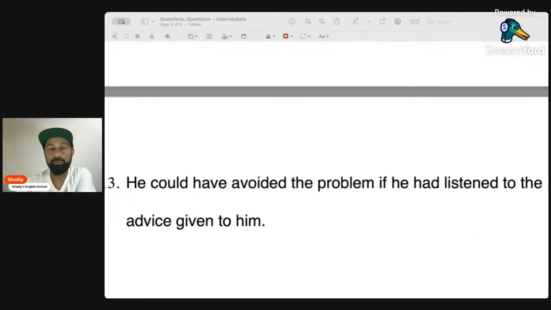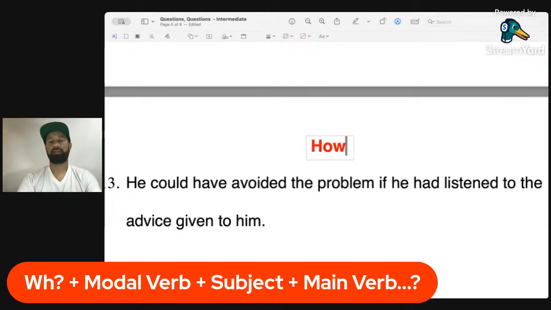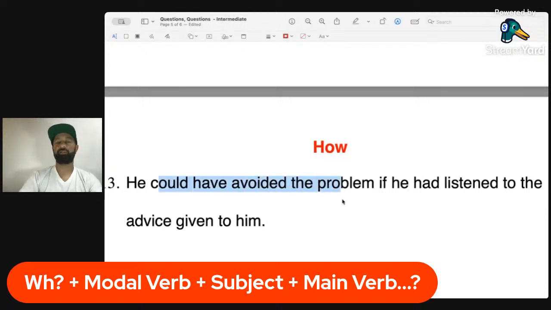For me, I would be using the modal verb grammar pattern here. And so my question word for this will be how. All right, and then I'm just going to use this beginning part of the answer.